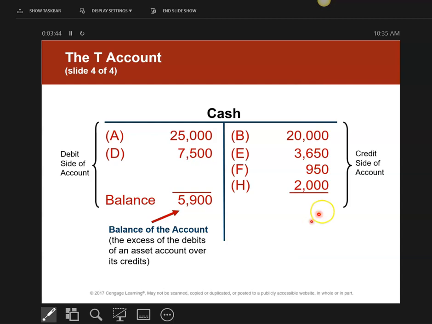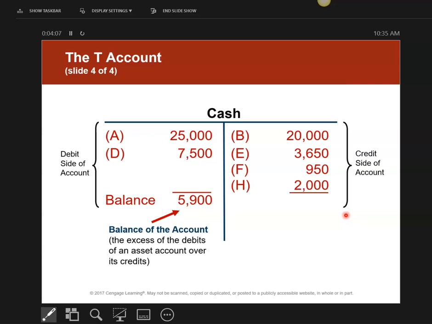So this is called a T account. You don't have to put the letters to the side. This just helps you remember what they were. And to foot and balance the T account, basically you're going to add up this side, then add up this side separately, and subtract the small side from the large side.